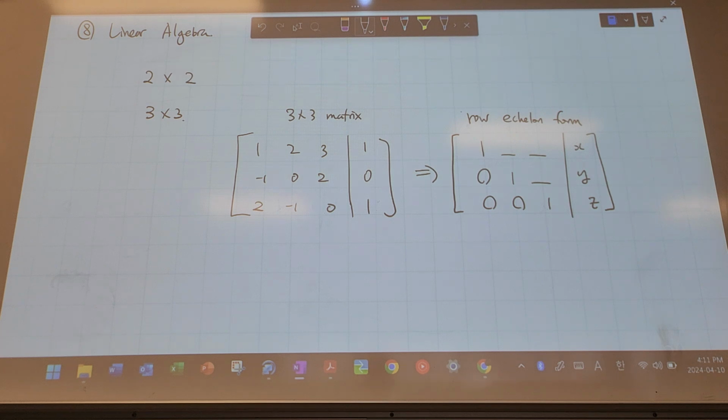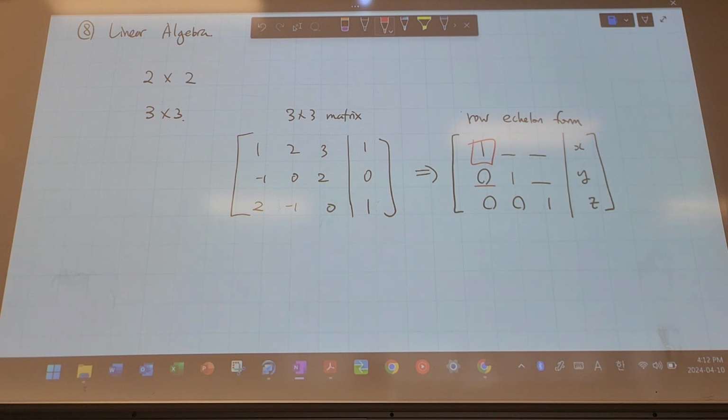Going to the row echelon form requires eliminations and row operations. For example, you multiply the second row by 2 and then add it to the third row so that the zeros are formed. Basically, you fix the 1 on the top left corner, and then you get rid of the first term on the second row.